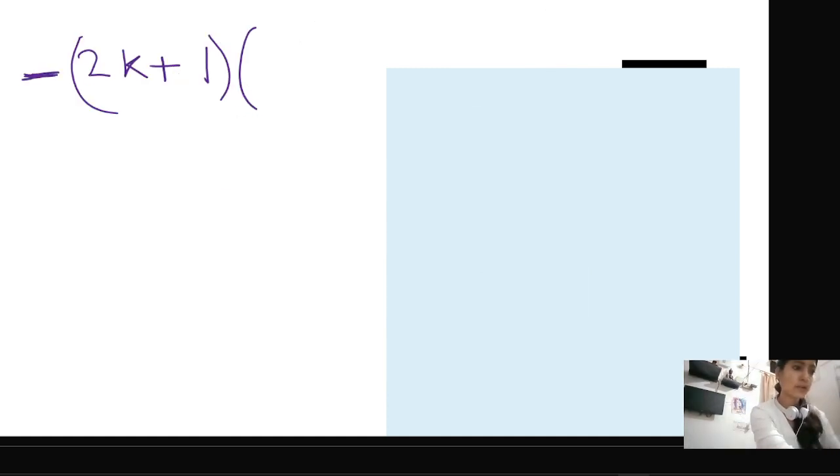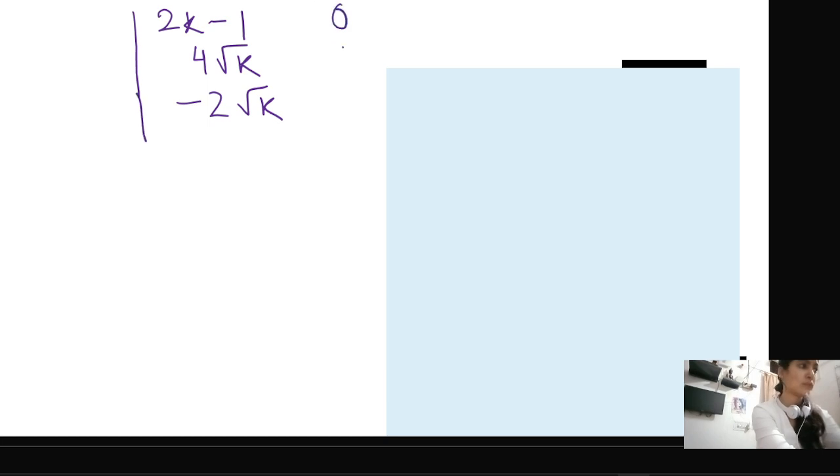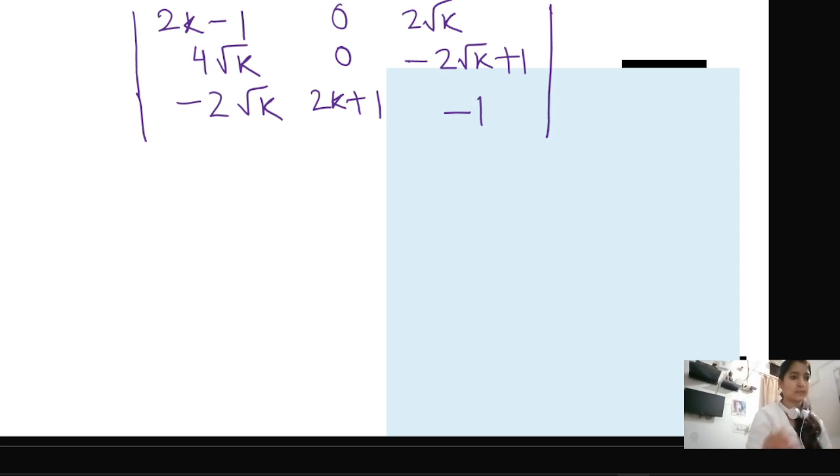So next what we are getting, hide this row and then column. Let me write the matrix so it will be easy for you to understand. Okay, 2k minus 1, 4 root k, minus 2 root k, 0, 0, then 2k plus 1, 2 root k, minus 2 root k plus 1, minus 1. Okay. Yeah. So from here I open along this.